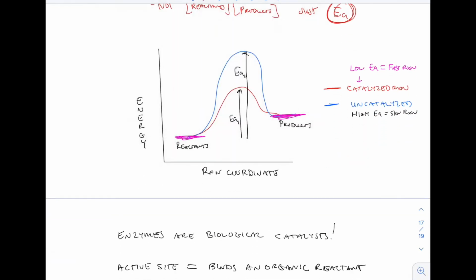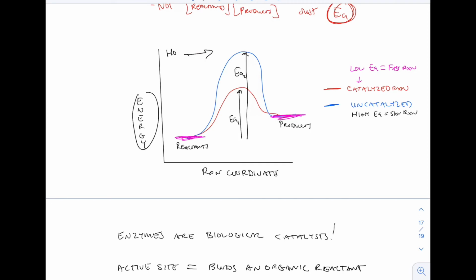Okay, so if we're looking at this particular energy diagram, the y-axis is energy. So if you got a high EA, that's really hot. If you got a moderately sized EA, that's still potentially hot, right? We said before that we have to heat chemical reactions depending on the energy levels.